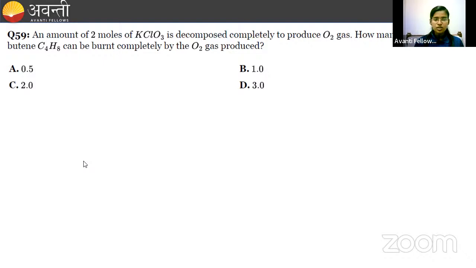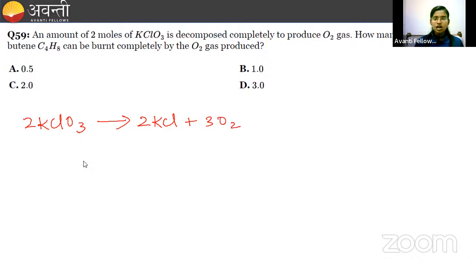So what they are trying to say, 2 moles of KClO3 is getting decomposed. Decomposition means one molecule will be broken down into two or more than two. So it decomposes to give 2 KCl and it produces 3 moles of oxygen.